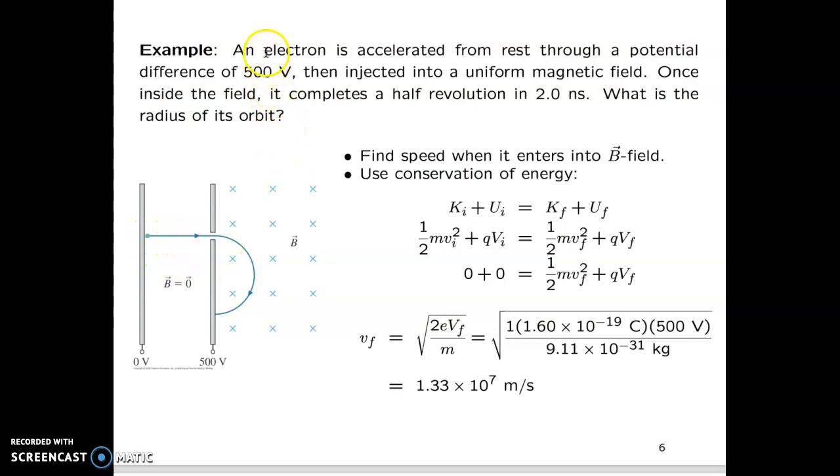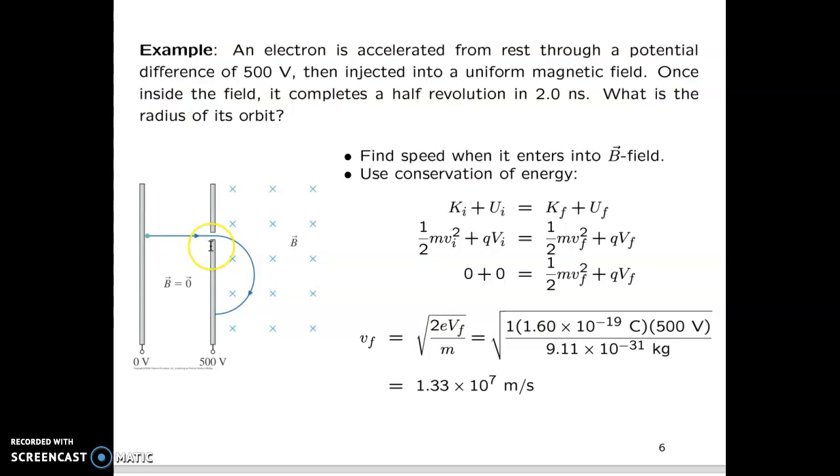Oh, it's an electron, and electrons are negatively charged particles. Negatively charged particles will feel a force in the opposite direction to the electric field. So if the electric field points from right to left, the force on the negatively charged electron will be from left to right.